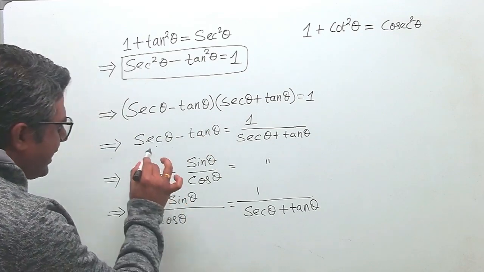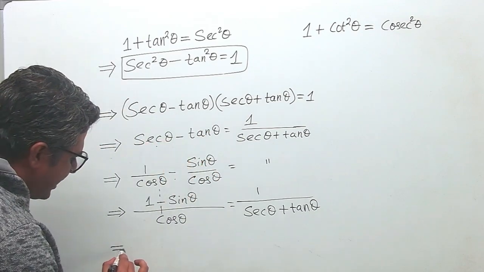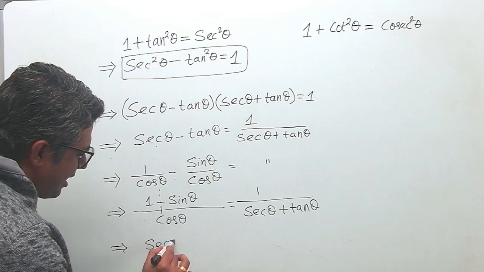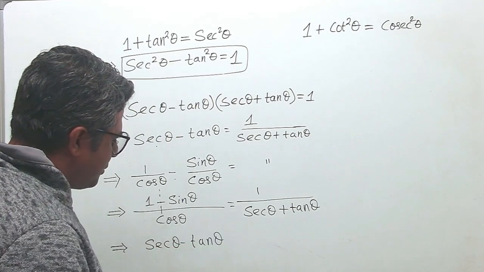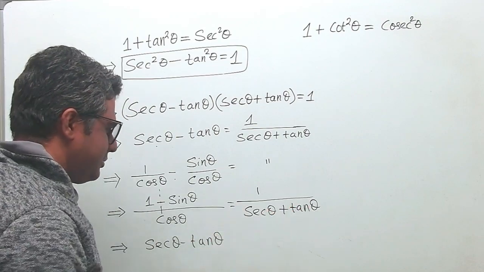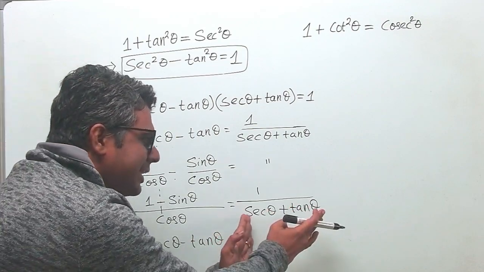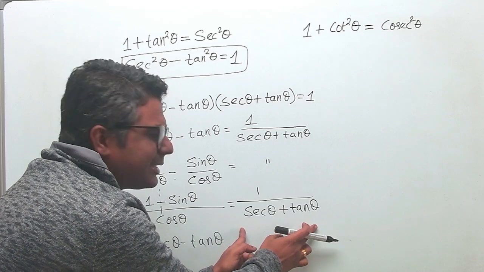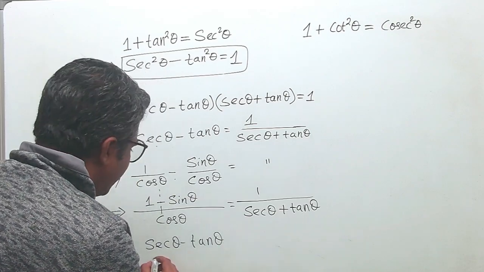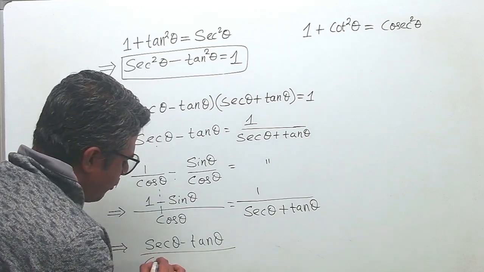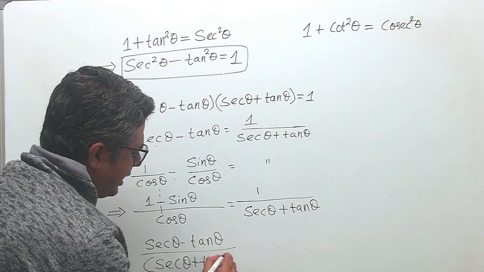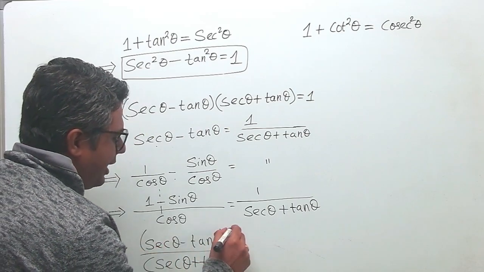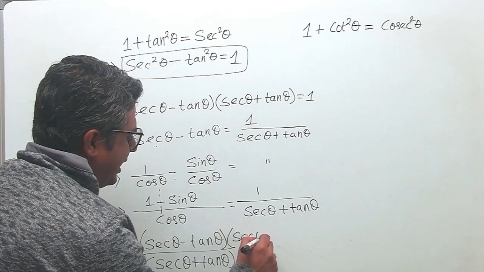As soon as I get sec theta minus tan theta, what can I do? I have already got this. I need this in the denominator. I will bring my denominator. Whatever I need, I have to bring it. Whatever I don't need, I have to discard it.